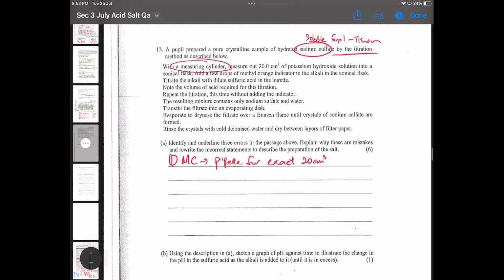Second, you want to get sodium sulfate, but the question says he used potassium hydroxide. Wrong reagent. Error number 2, KOH was used when the salt that is wanted is your sodium salt. So you should have used sodium hydroxide.